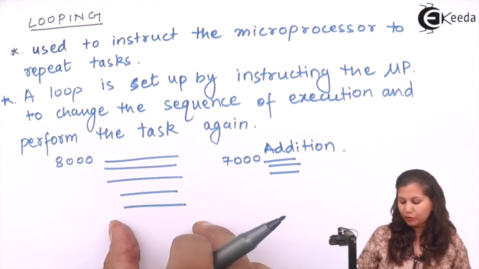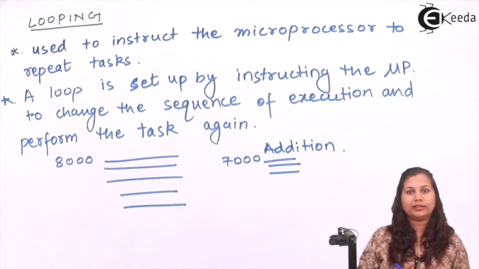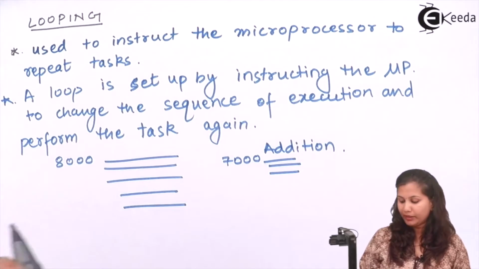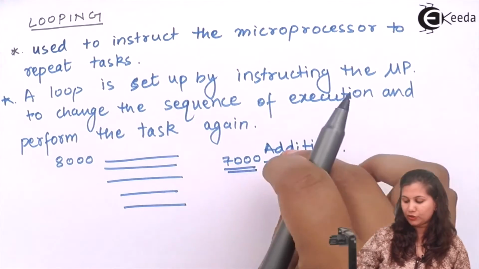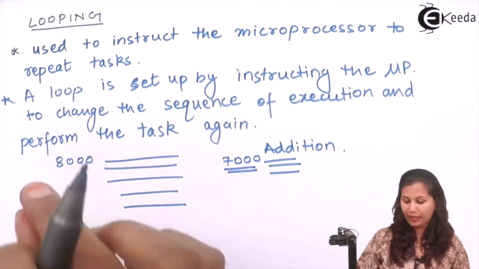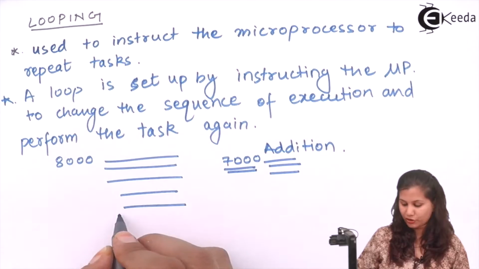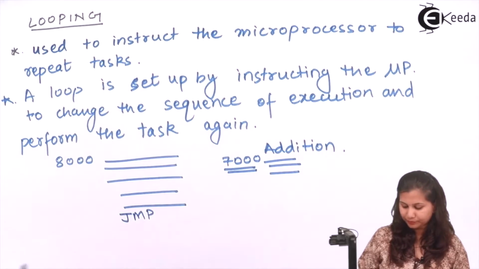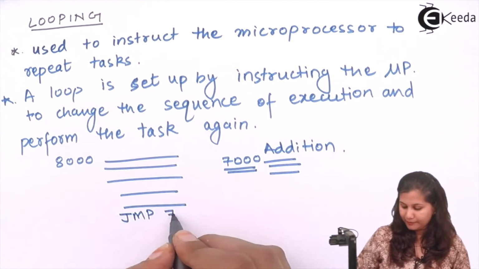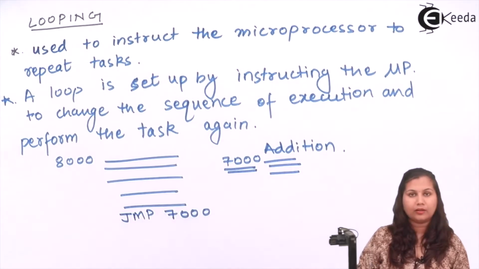In this main program, wherever we want the addition task to be performed, we will call this short program, and here we will use the instruction jump 7000.